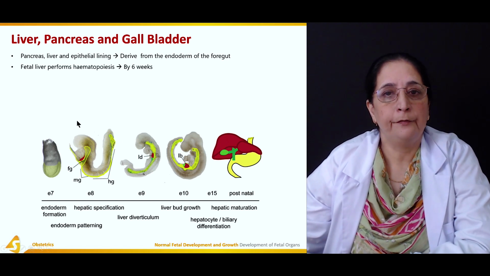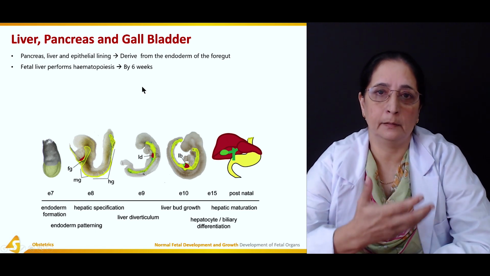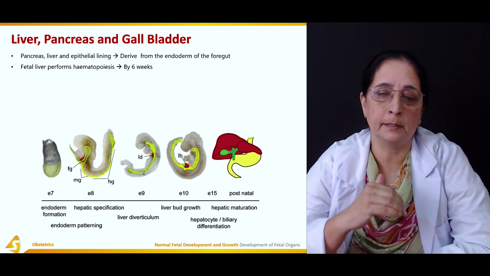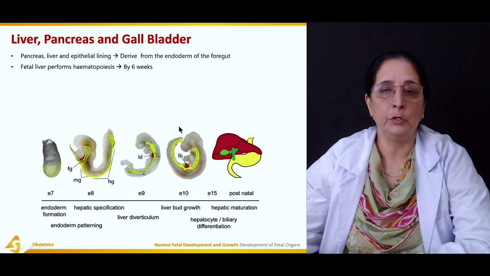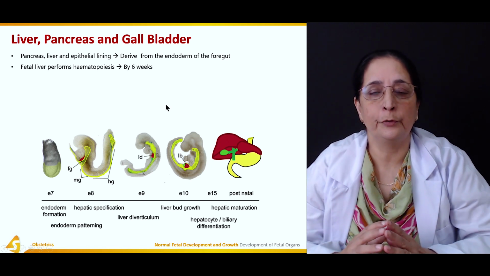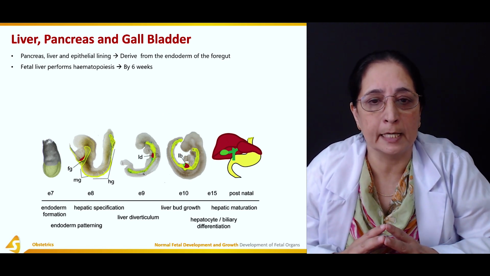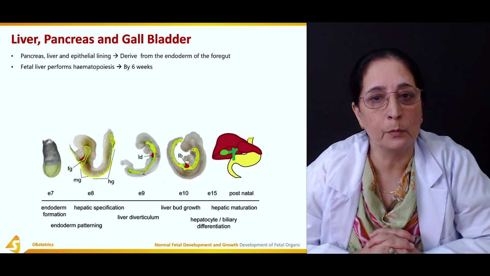Fetal liver performs hematopoiesis by 6 weeks. So very early, liver bud is produced, and the function of the liver is to produce the blood cells, hematopoiesis, formation of blood by 6 weeks.